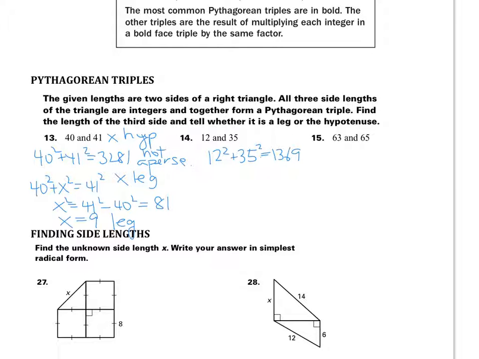That is a perfect square. So this time it would be a hypotenuse. So again, test it as a hypotenuse. That's not a perfect square.